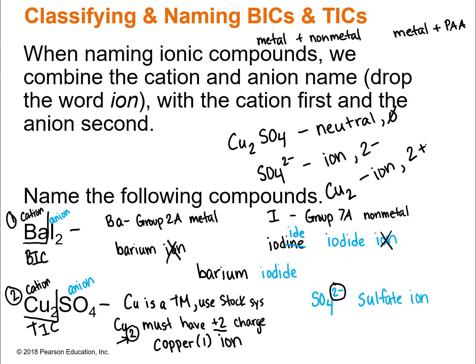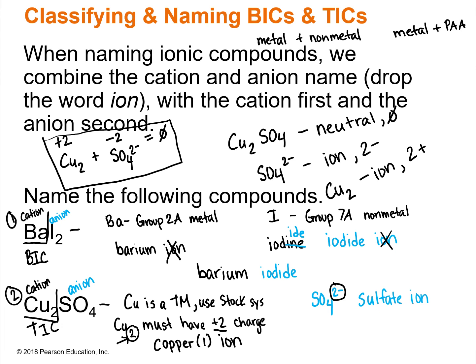Those ions together have a charge of 2 plus, so that when you add these 2 copper ions plus this SO4, we've got positive 2 plus a negative 2, which gives us 0. Does that help? Okay.